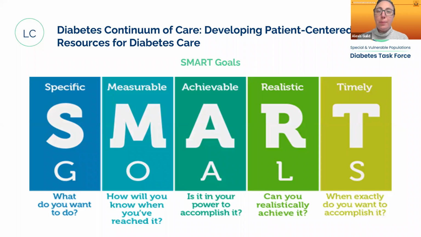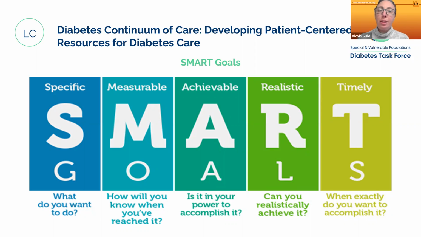So before we jump into the meat of today's session, I just want to do a quick reminder about the SMART goals. For those of you who were able to join us last week, we talked about how for this series, we would like you to think about an action plan. On the Google site that we created for all of you, there is a template of an action plan.